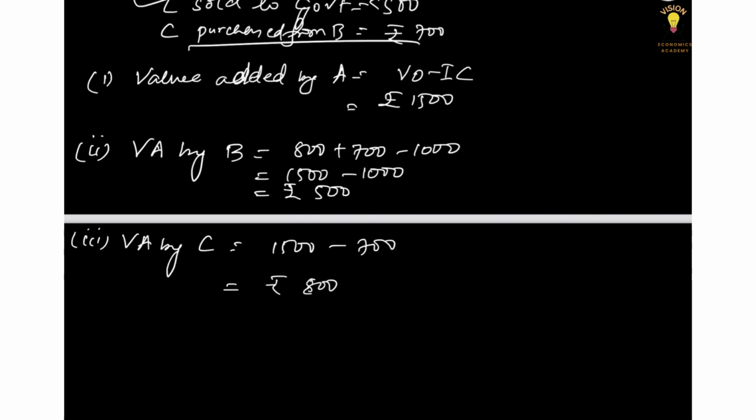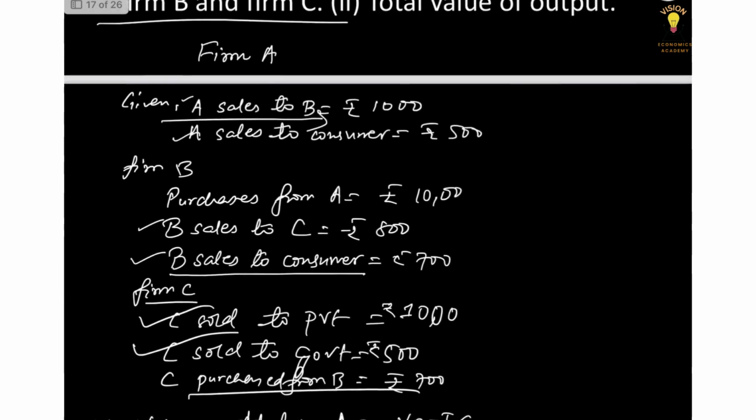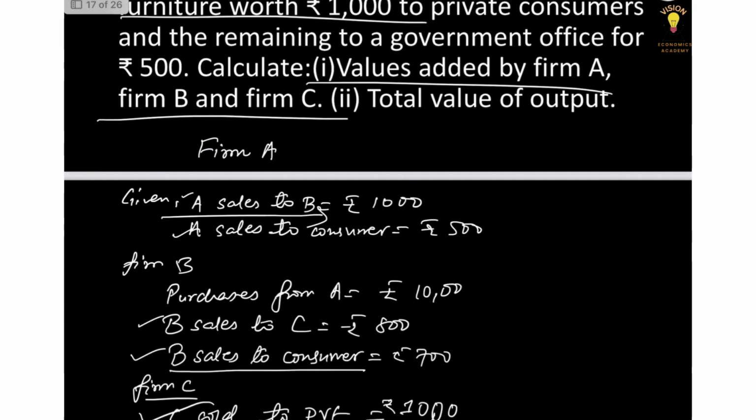Then the next question. Next part of the question is total value of output. Now total value of output we need to find. All right.